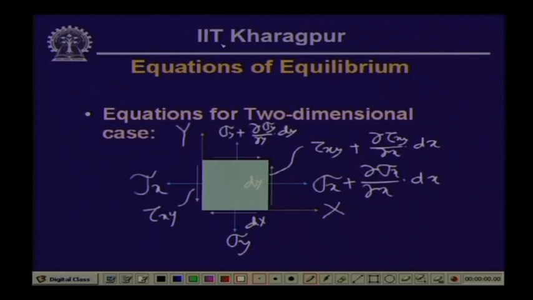Then we have tau y x, and the variation is tau y x plus del tau y x del y times dy.